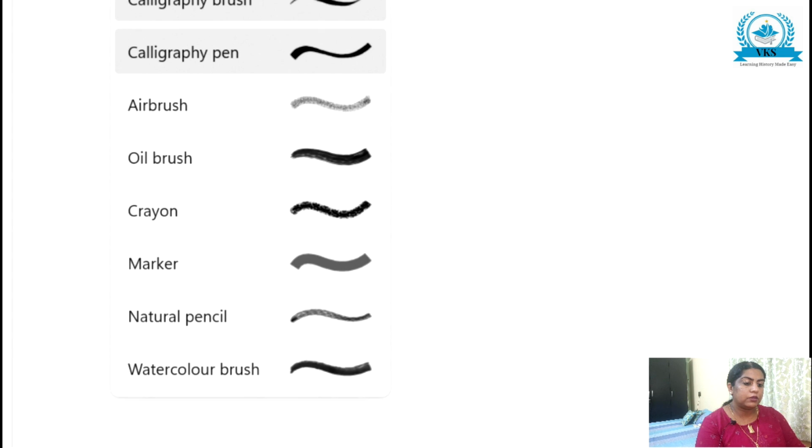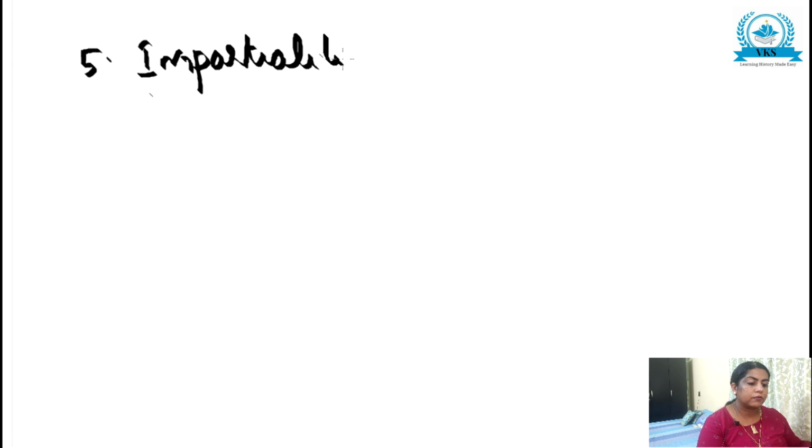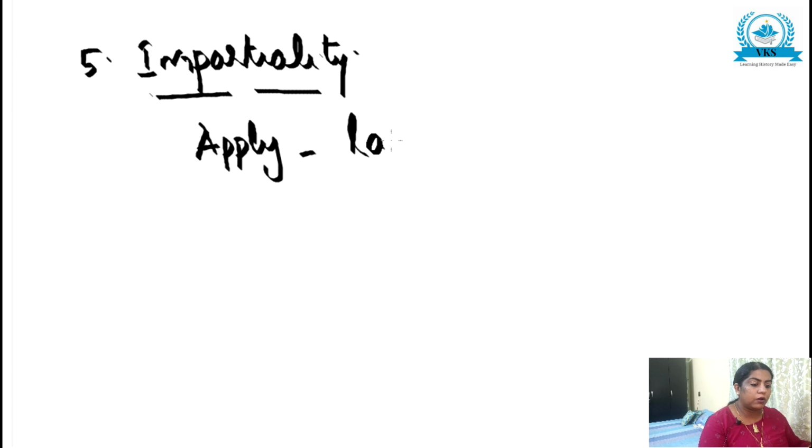Now the fifth feature is impartiality. As we said, in neutrality they remain neutral to any political groups. They are also impartial.